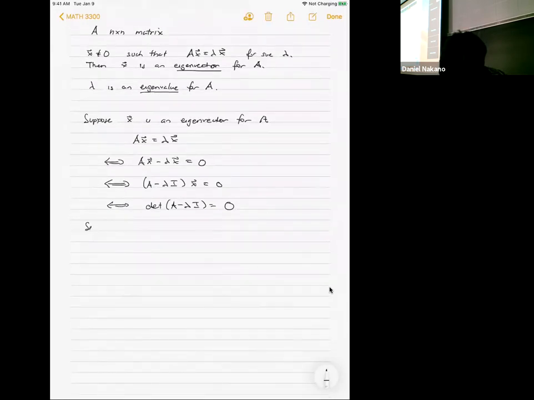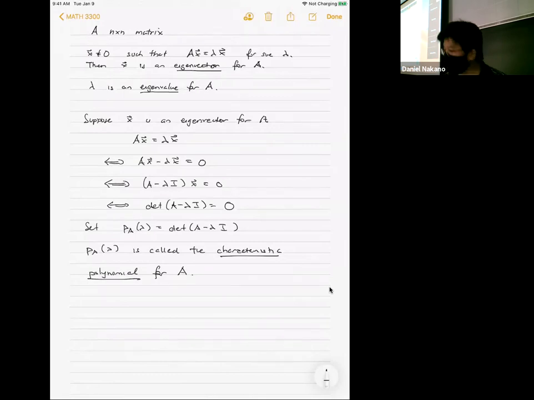So set P_A of lambda to be equal to the determinant of A minus lambda I. P_A of lambda is called the characteristic polynomial for the matrix A. You have a matrix A, and you form its characteristic polynomial by taking A minus lambda I and taking its determinant.